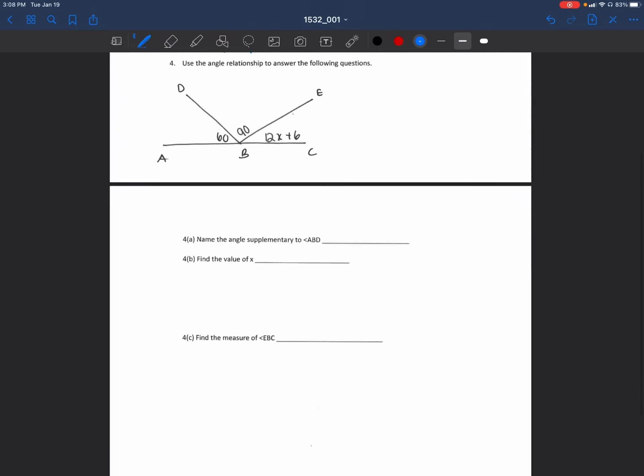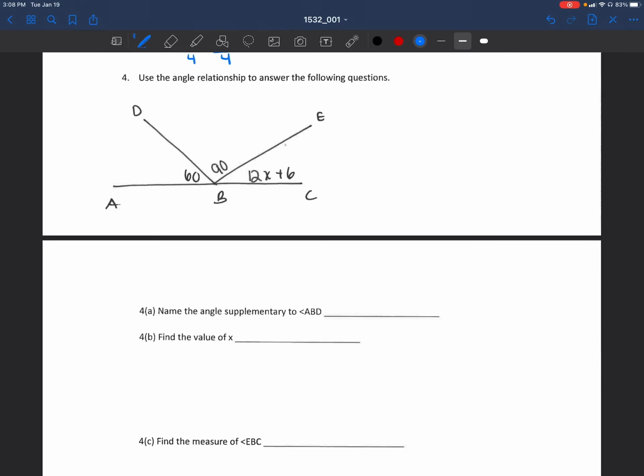All right, number 4 says use the angle relationship to answer the following questions. So name the angle supplementary to ABD. Now, supplementary means that you need a straight line, but you need two angles. So we already have this angle right here, right?